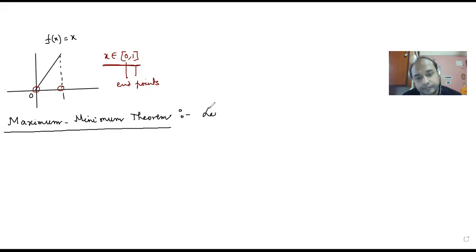Let I, a closed interval with lower bound a and upper bound b, be a closed bounded interval. You know the meaning of bounded: an interval is bounded if it has an upper bound and a lower bound.